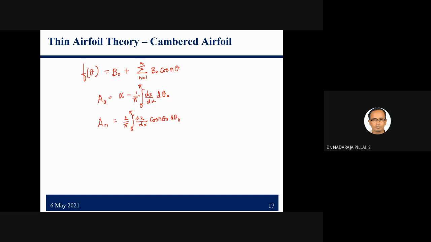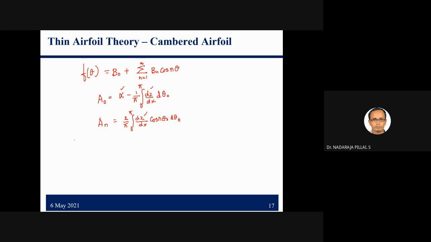So as I said, dz by dx is a function of theta naught, and the A naught depends on both the angle of attack alpha and dz by dx, but the An depends only on the slope of the camber line, right? So with this information, we have A naught and An, and hence we can directly calculate the circulation.